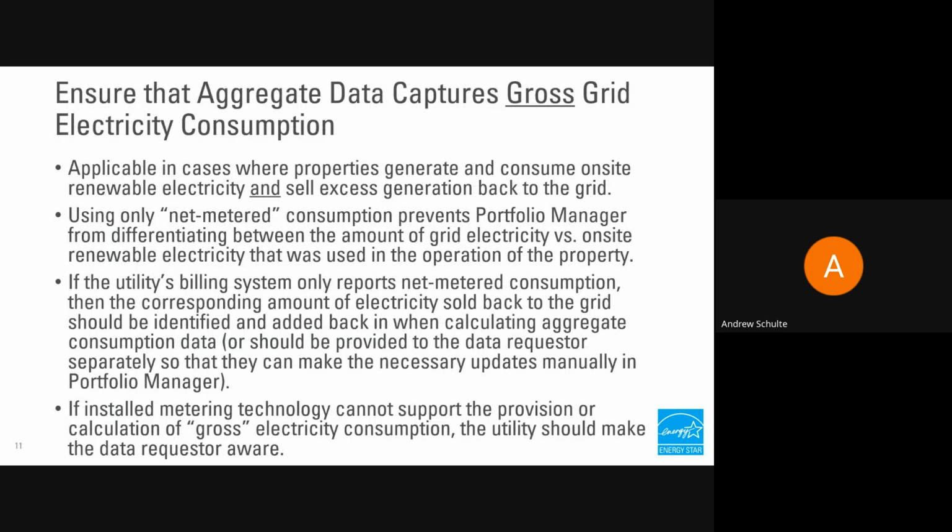There's a lot of words here, so you'll have the opportunity to read this while I talk, but at a high level, what Portfolio Manager needs, and therefore what utilities need to provide as part of the aggregated consumption data value, is gross grid electricity consumption.